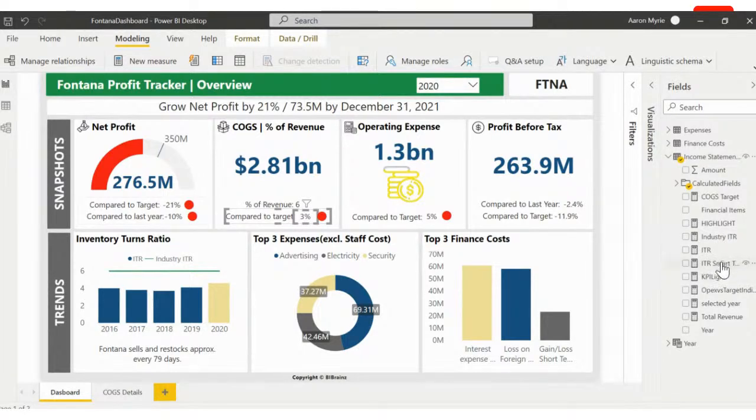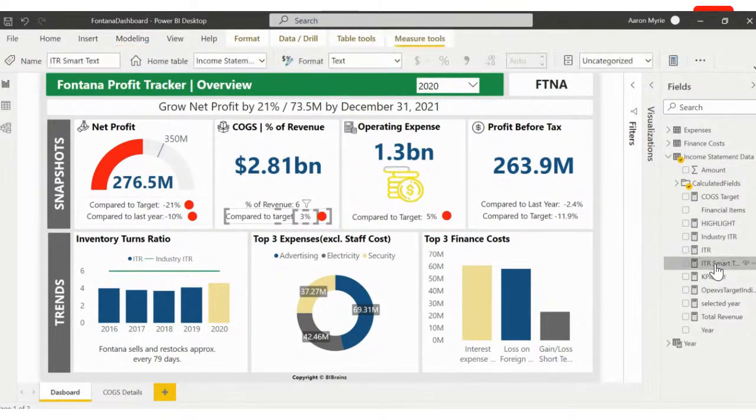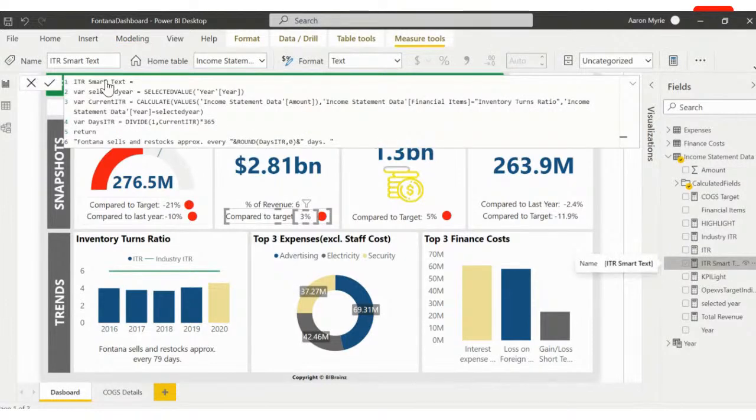The smart text, the ITR text, is a measure which basically calculates the ITR and then the number of days that Fontana takes to sell and restock.